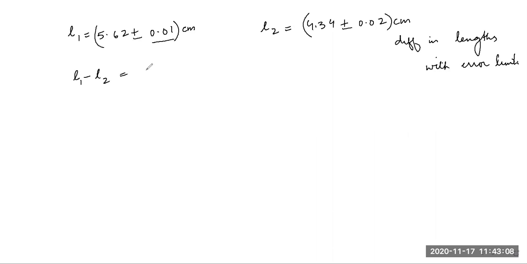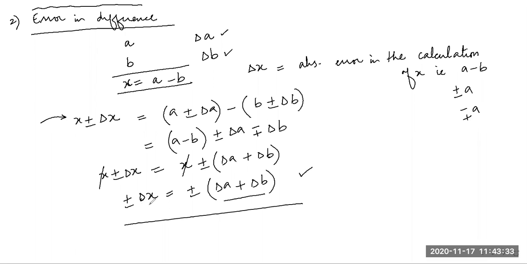L1 minus L2 will be equal to simply 5.62 minus 4.34, that is equal to 1.28 centimeter, right? But we have not taken into account the resulting error. How will we take the resulting error? So we will use this equation, plus minus delta x is equal to plus minus delta a plus delta b, right?